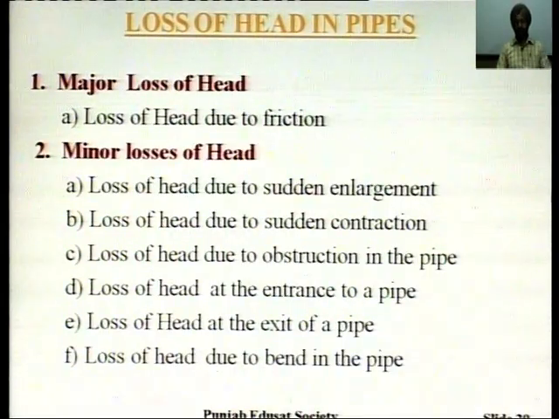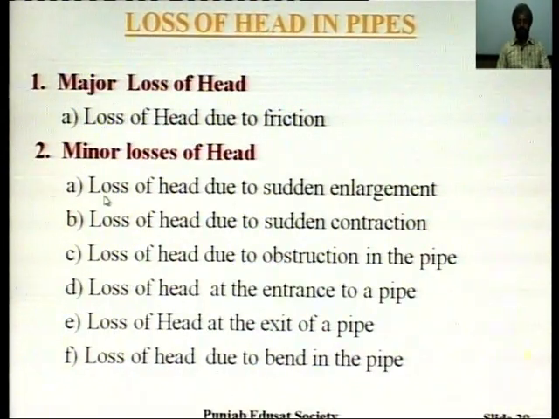In major loss of head, we have only one loss, the loss of head due to friction, whereas in the case of minor losses of head, we have a lot of losses due to different reasons.